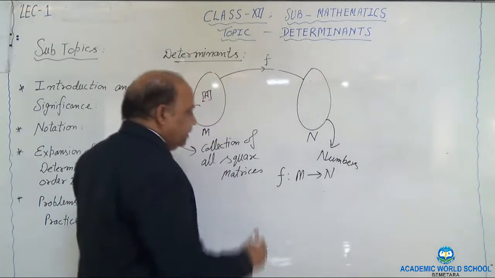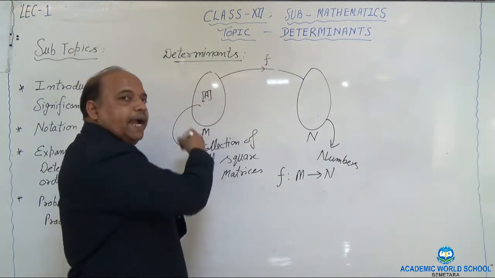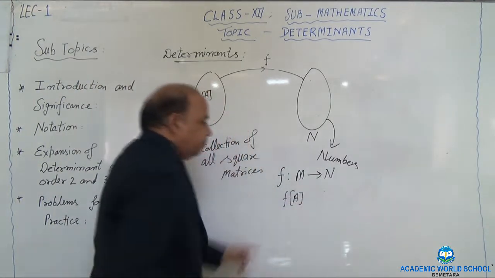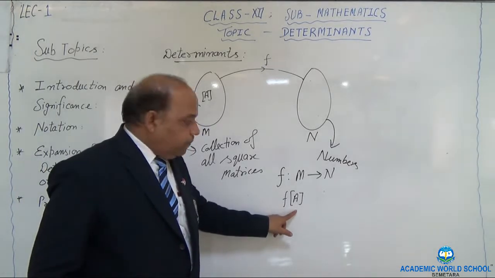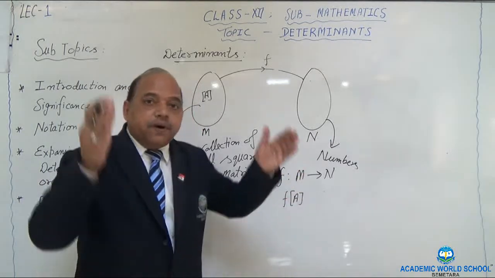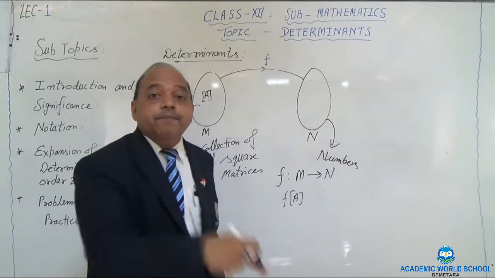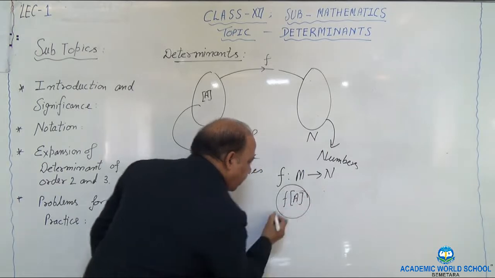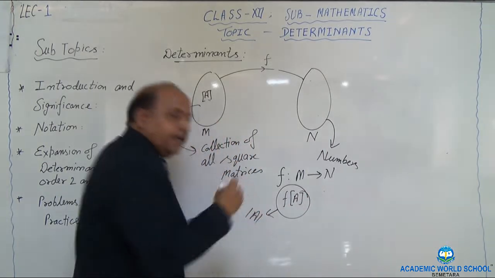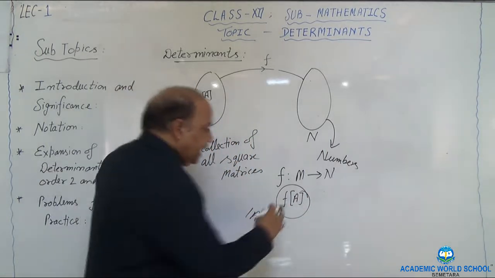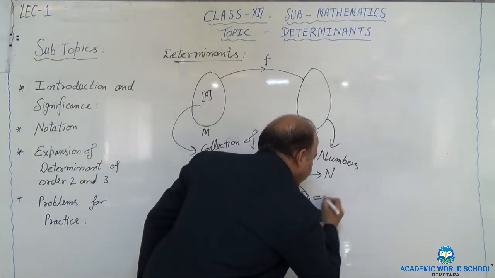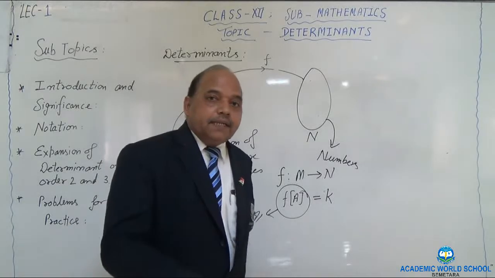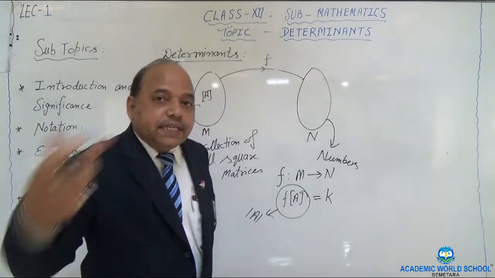So what we are doing, when we are taking f of A for this square matrix, basically this f of A stands for the corresponding determinant. This part stands for determinant A. Got that? f of A is equal to k. Every determinant has a unique value.